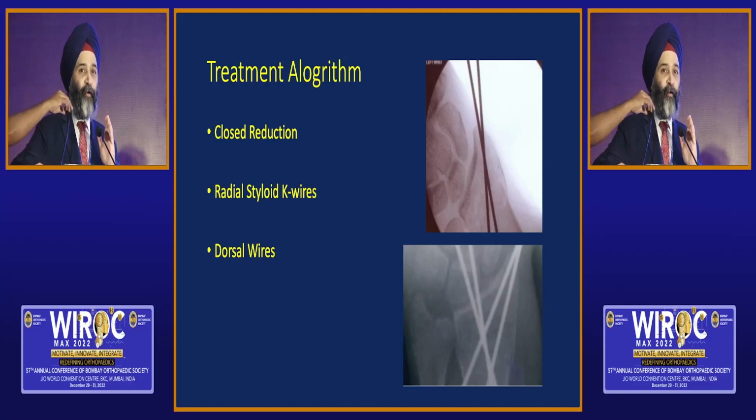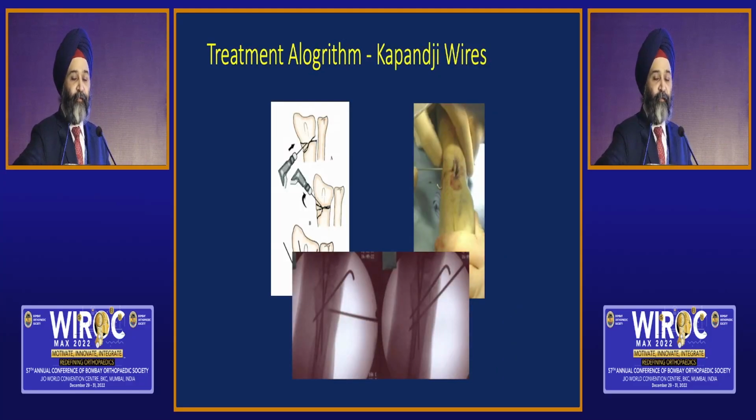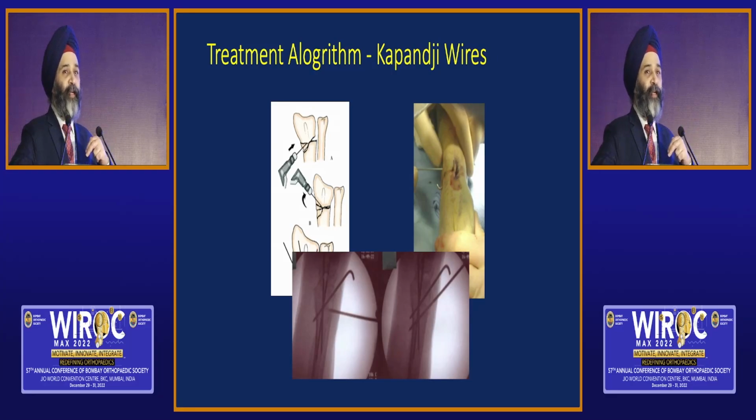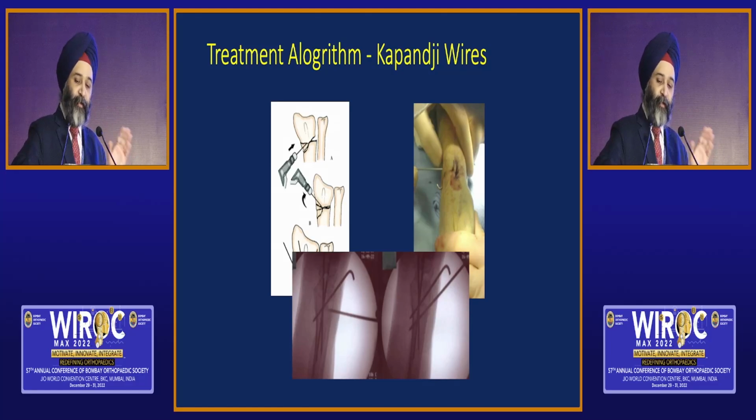Then followed by dorsal wires. On the other side, there's another method where you first put the intrafocal wires, achieve the reduction, and then stabilize with the radial styloid wires. So do as you feel comfortable or what works in your hand. I'm not trying to say one is better over the other. They are both methods, and depending on the patient, you can use either of the two.